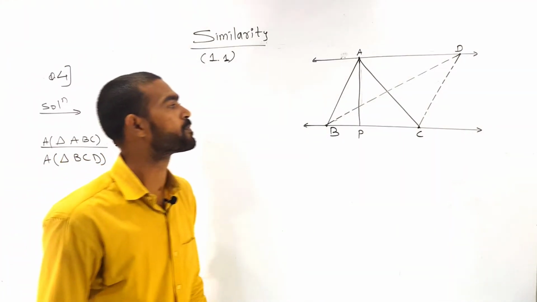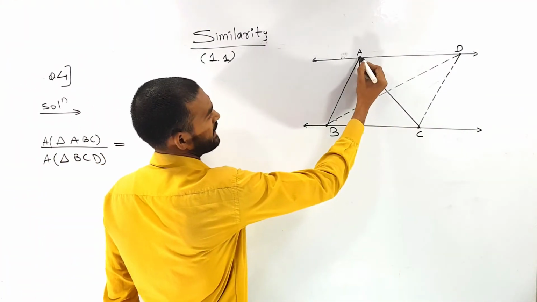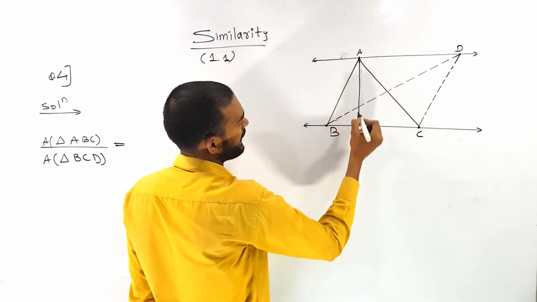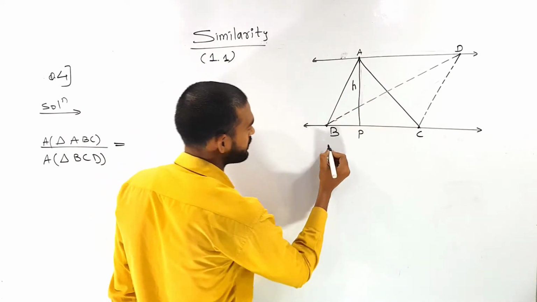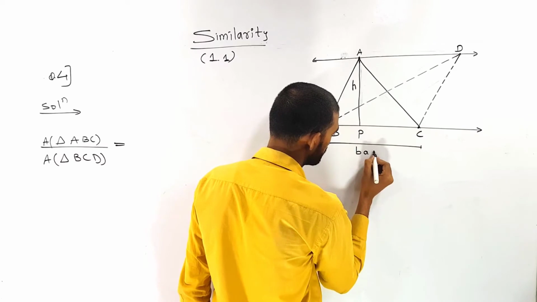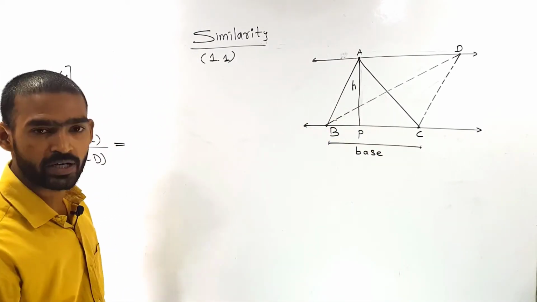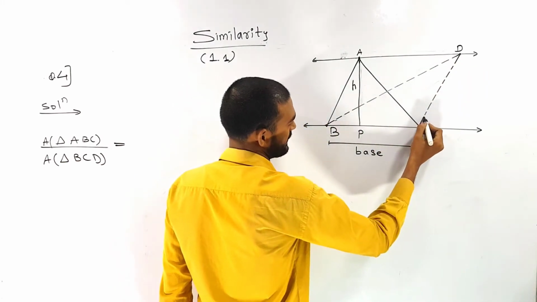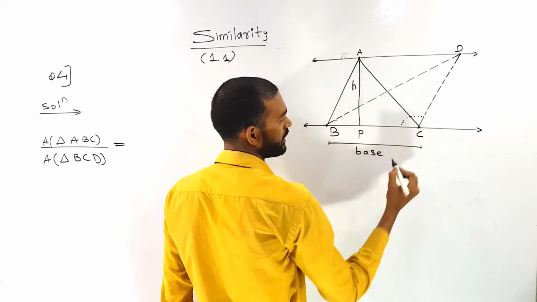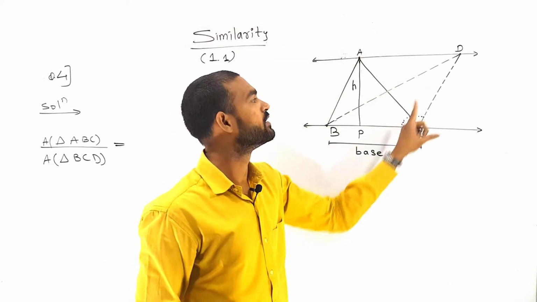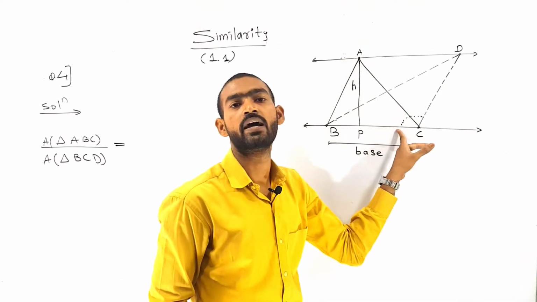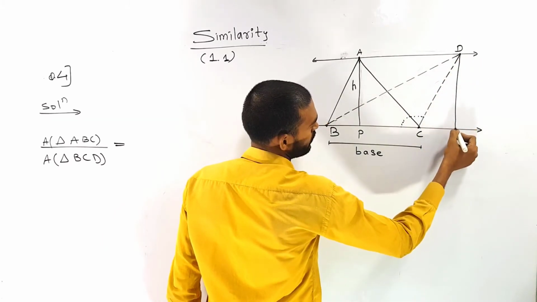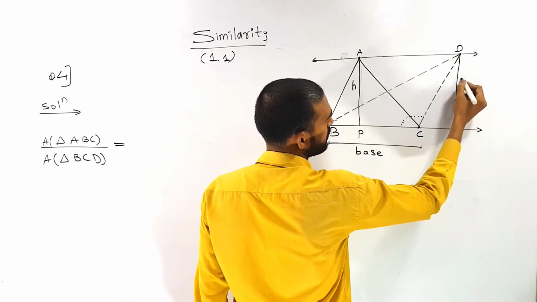How will we do this? Look, the first triangle is triangle ABC. In this triangle, you can see the height. Height is AP. And what is the base? Base is BC. Right? But we have one more triangle, DCB. Which angle is it? As we all know, this angle DCB is an obtuse angle, and every obtuse angle will have its height outside the triangle.